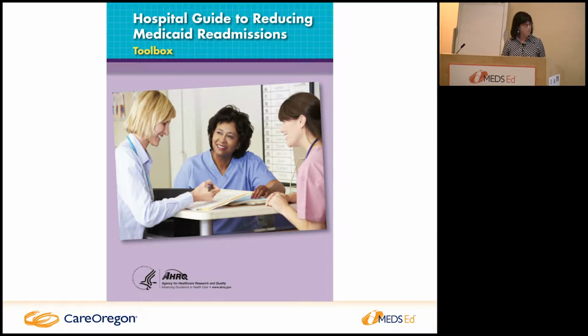There's a toolkit, this one happens to be for Medicaid readmissions, and all of these, you can go online and download them at no cost. Here's a guide for improving transitions from hospital to skilled nursing facilities. This is another, a re-engineered discharge toolkit.